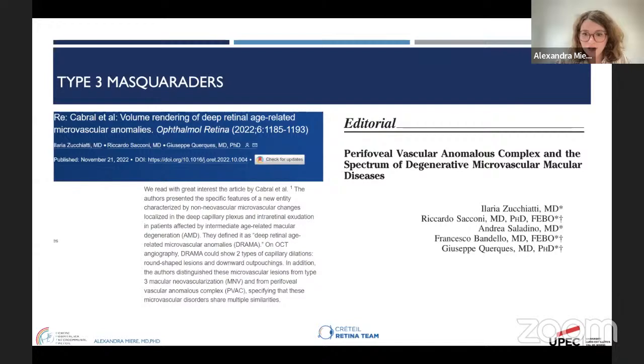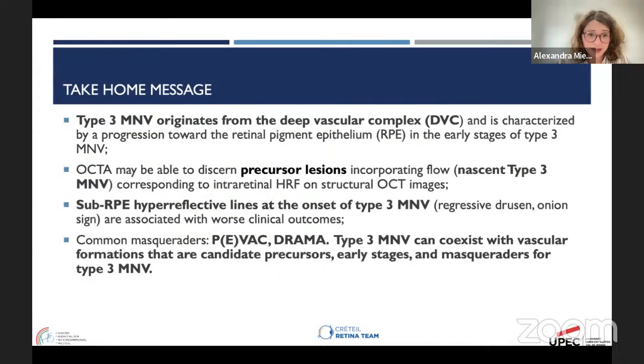And I suggest that these are very nice papers talking about these microvascular abnormalities. However, I think what is important to retain here is that concerning the common masqueraders such as PVAC and DRAMA, type 3 may coexist with vascular formations that are candidate precursors, early stagers, and masqueraders for type 3.